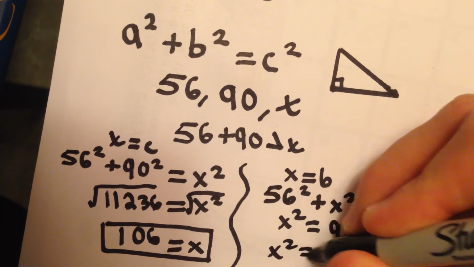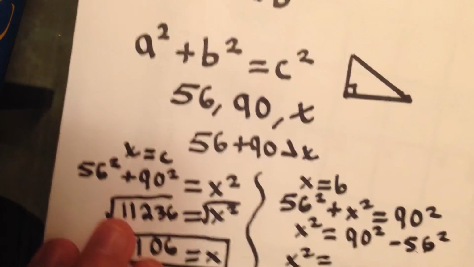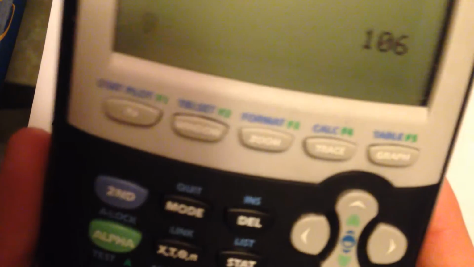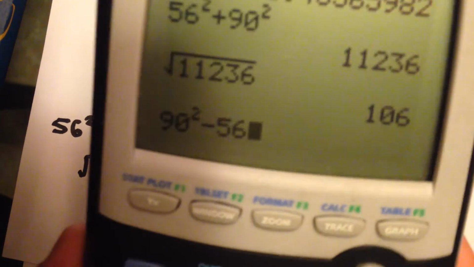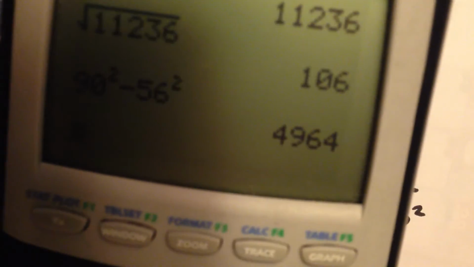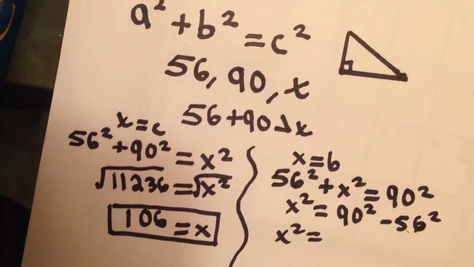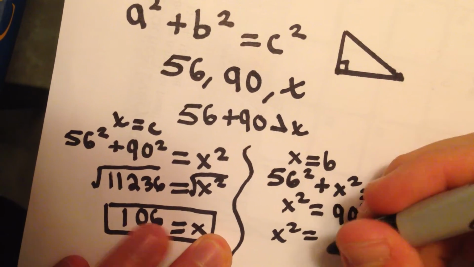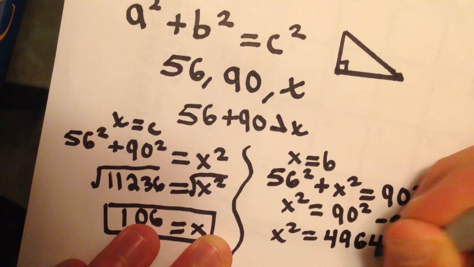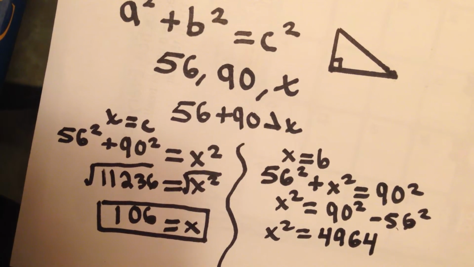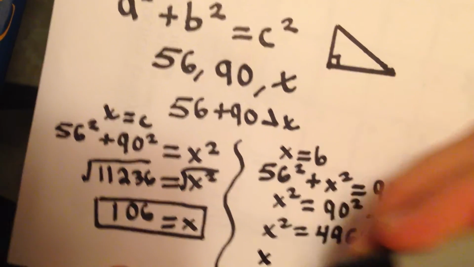x squared is equal to 90 squared minus 56 squared, which is 4964. So 4964 is equal to x squared. And to solve for x, we have to take the square root of both sides.